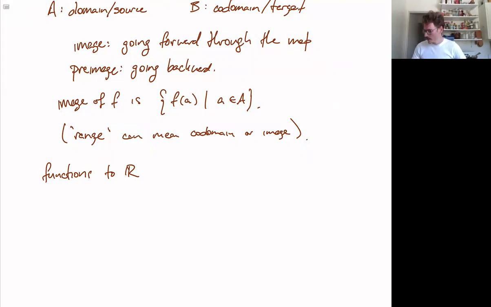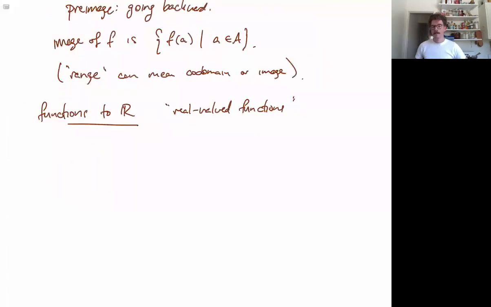So these are called real valued functions if the codomain is R. And in particular, the fact that the codomain has operations of addition and multiplication means that we can define these operations on functions just by using addition and multiplication with things in the image.